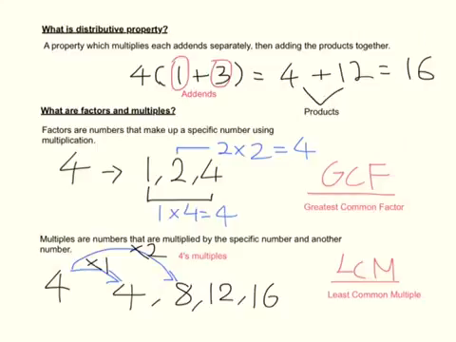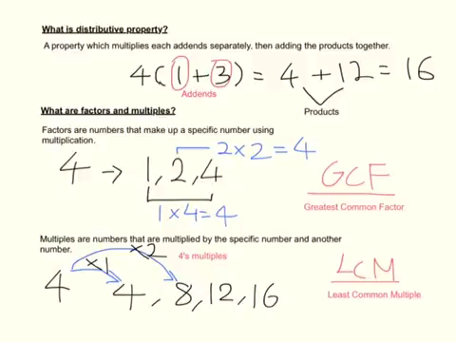Now on to factors and multiples. Factors are numbers that make up a specific number using multiplication. For example, 4. If we choose 4 as a specific number, then we have the factors here: 1, 2, and 4.